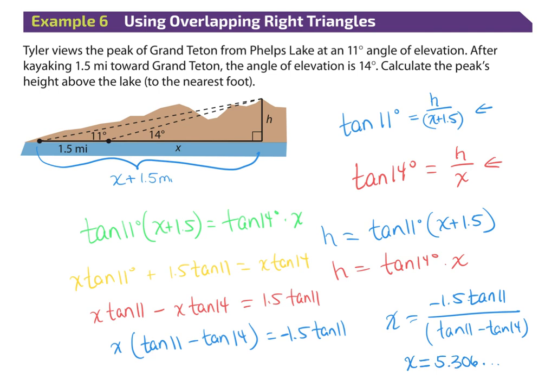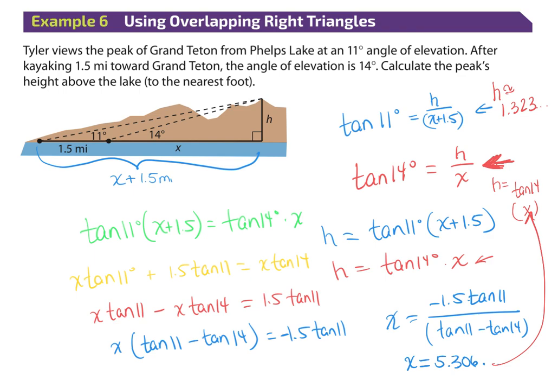We are actually looking for the height. So you need to come back up here and figure out your height. So your height is going to be, as we said right here, tangent of 14 times that x that we just found, which gives you a height of approximately 1.323 with some decimals.